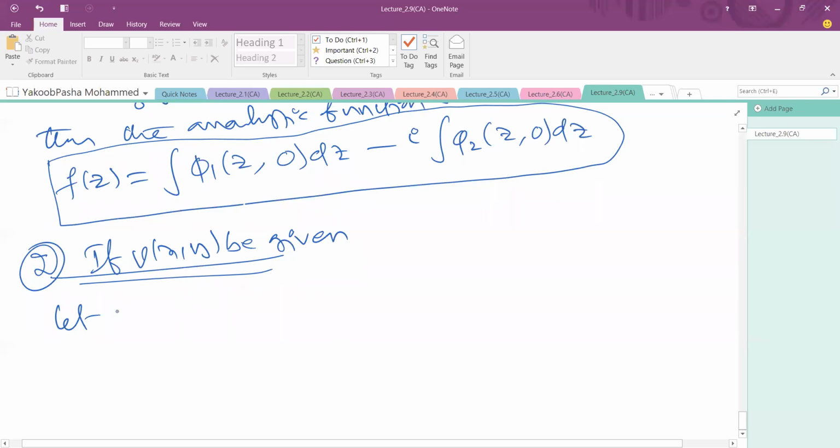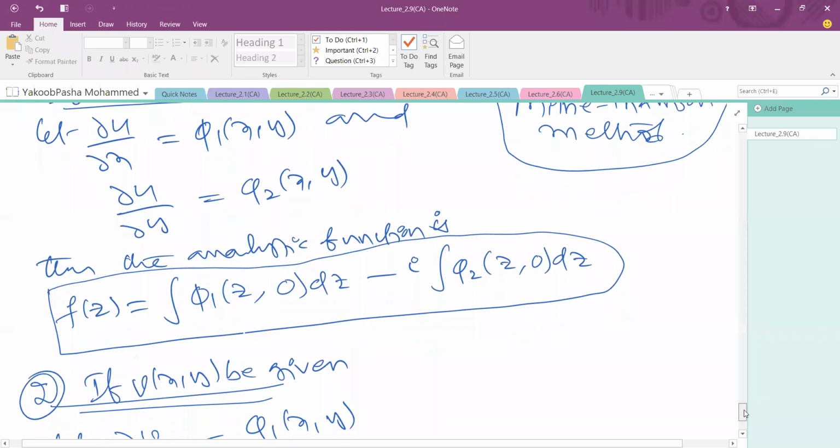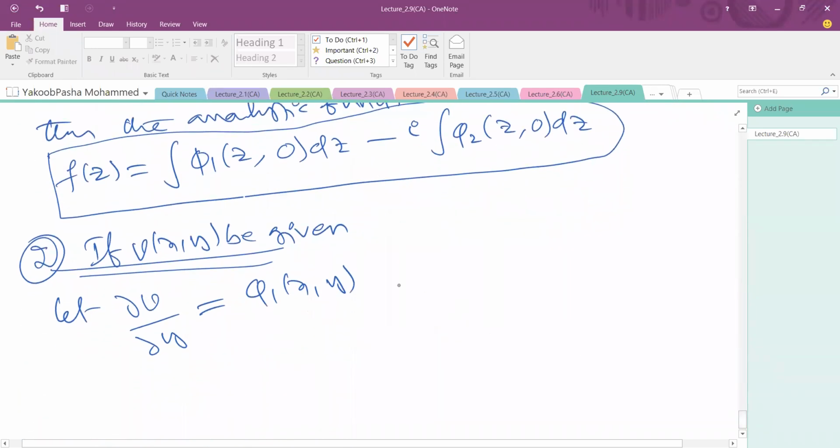Okay, if we take v of x comma y be given, sorry, whenever v of x comma y is given, in this case we have to take dv by dy is equal to phi1 of x comma y. ఇక్కడ ఏం చేసాం, dou u by dou x, ఇక్కడేమో dou v by dou y తీసుకుంటాం, and dou v by dou x is equal to phi2 of x comma y.